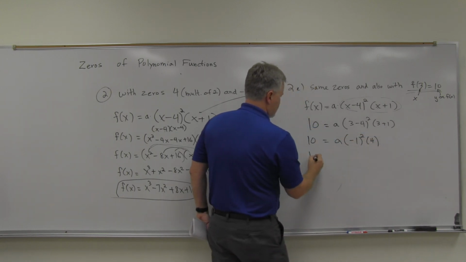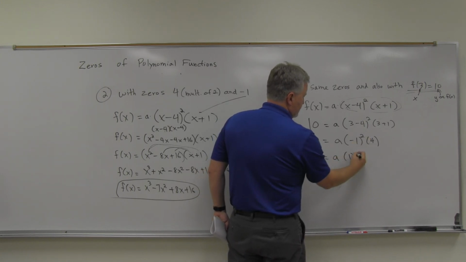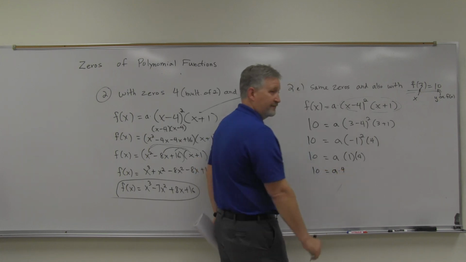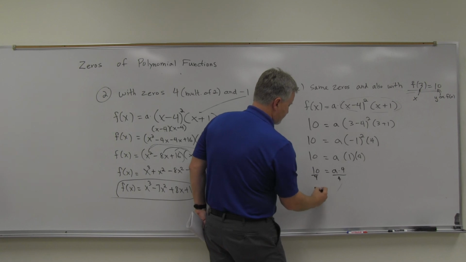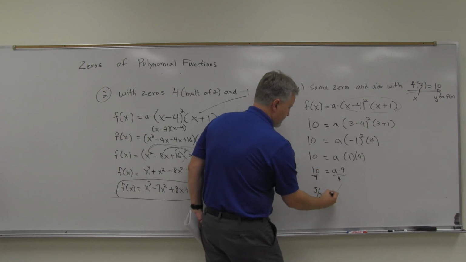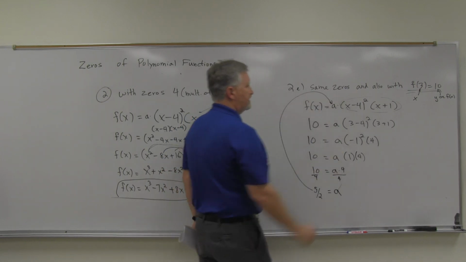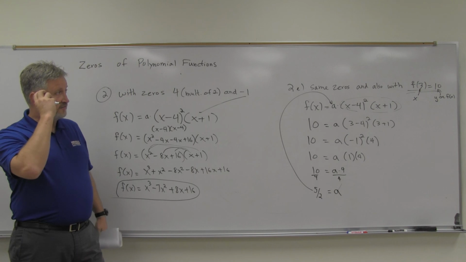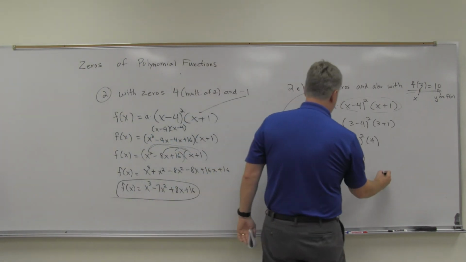What does that give me? Well, negative 1 squared is positive 1, times 4, so that's just 10 equals a times 4. How do you get rid of the 4? Divide it. 10 over 4 reduces to 5 halves, 2.5. So my final answer, if I had a specific function value in mind, I'd put that a to be 5 halves in front.